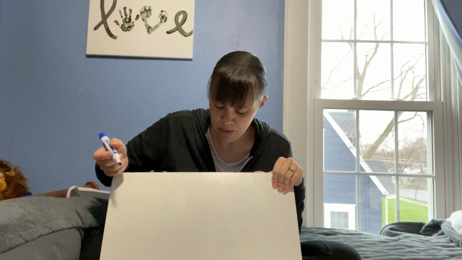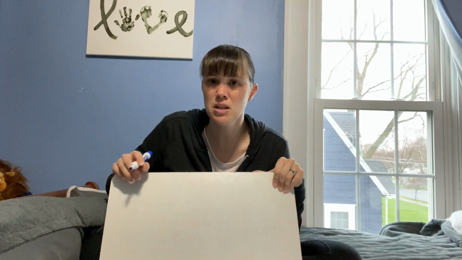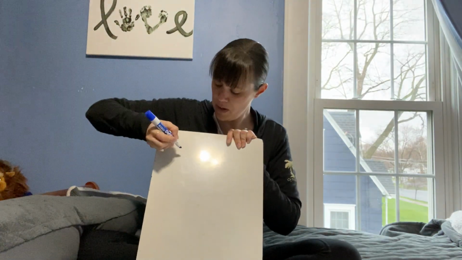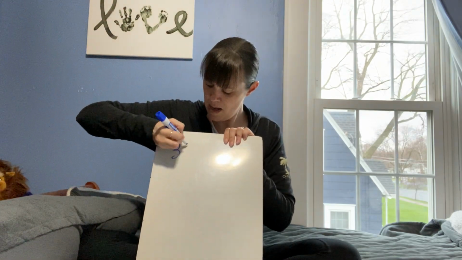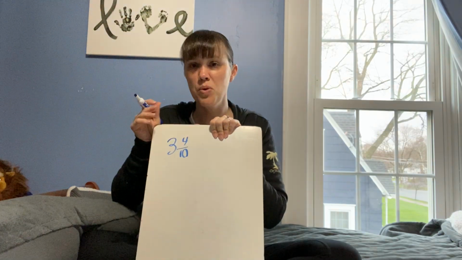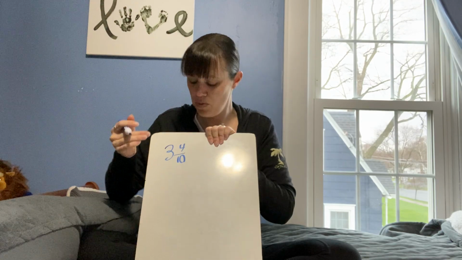Now there's a few different ways. Our mixed numbers, boys and girls, they have more than one, right? So our mixed number, like if we have 3 4/10, that's a mixed number, okay? But we want to write this in decimal form. I bet you already know how to do it, but I'm going to show you anyway.